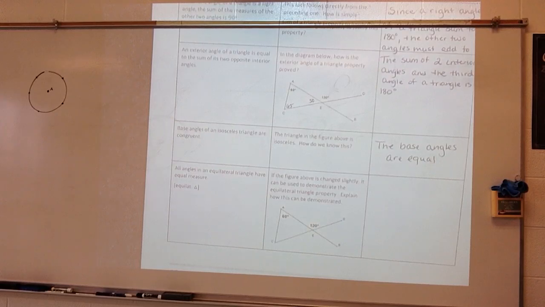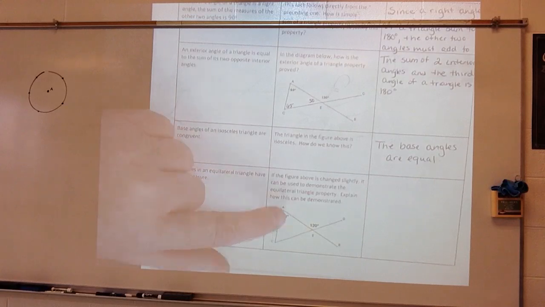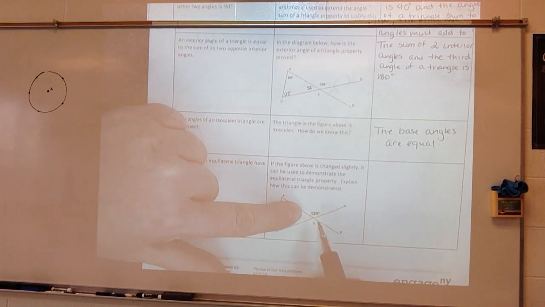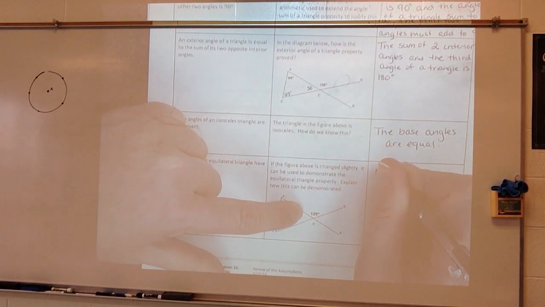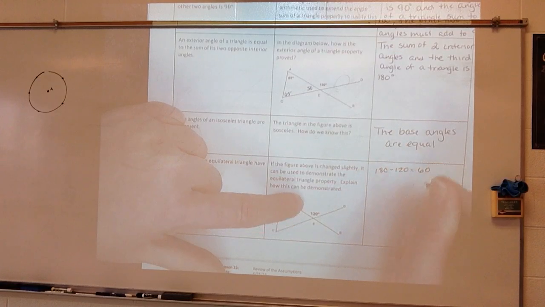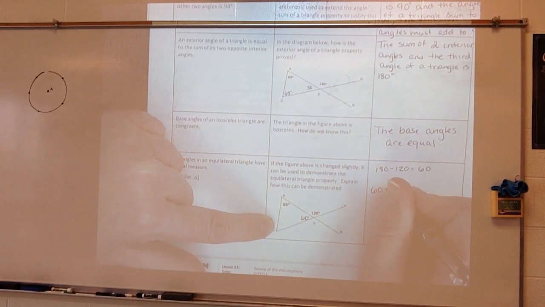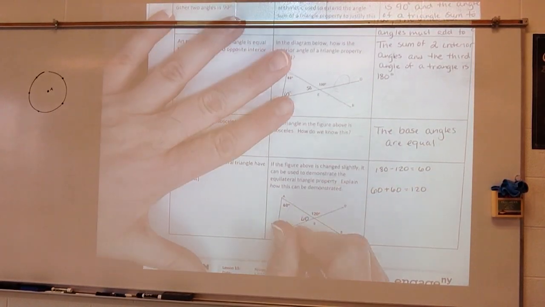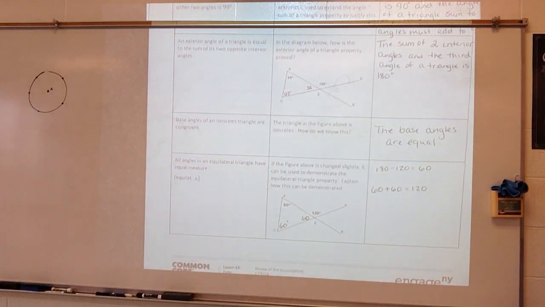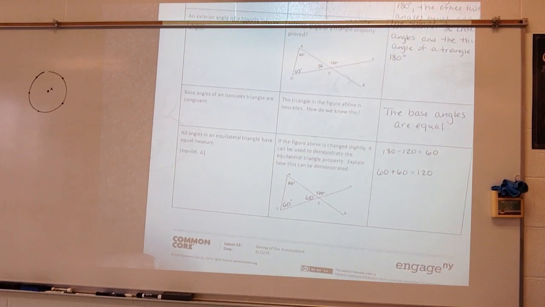Well, the measure of angle AEC is 60 degrees, because it's an equilateral triangle, so I can do 180 minus 120, which would give me 60 degrees. And then 60 plus 60 is 120. Once again, 180 minus 120 means that that also has to be 60 degrees. Okay?